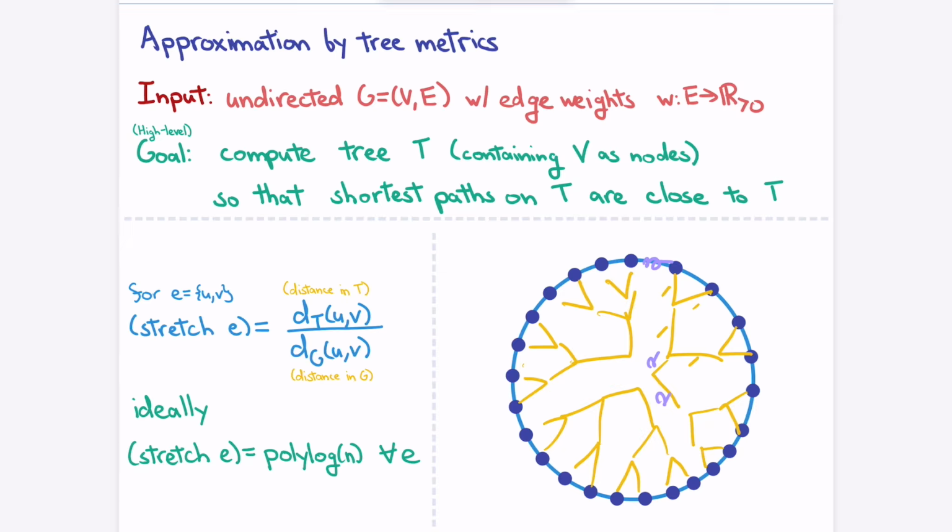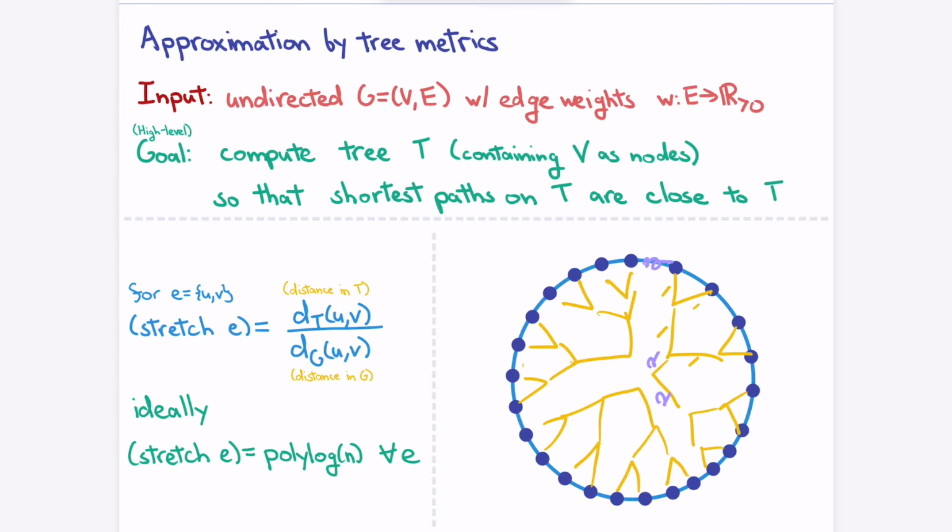Diameter would be: can I get a subgraph where the furthest distance between any pair doesn't change too much? Here our goal is to make sure that every pair has roughly the same distance. So many pairs may be happy on the cycle, but the one edge we omit, they used to be next to each other, and then they became n minus 1. So the worst case stretch over all edges is still n minus 1.